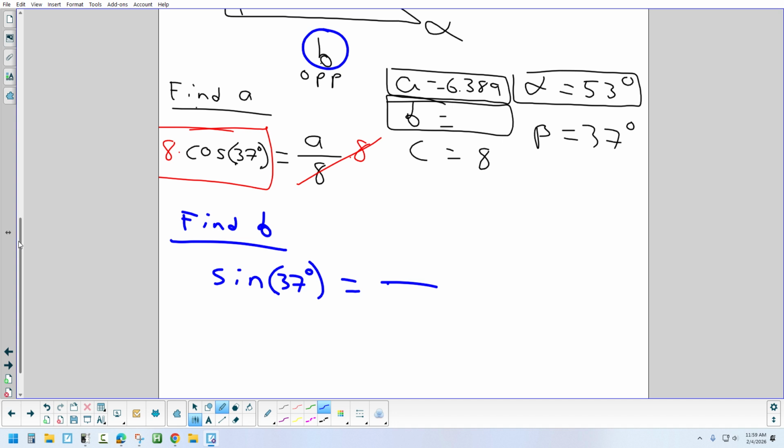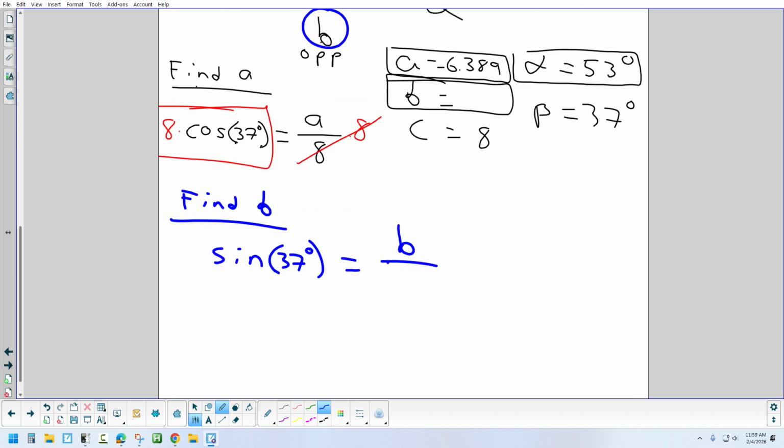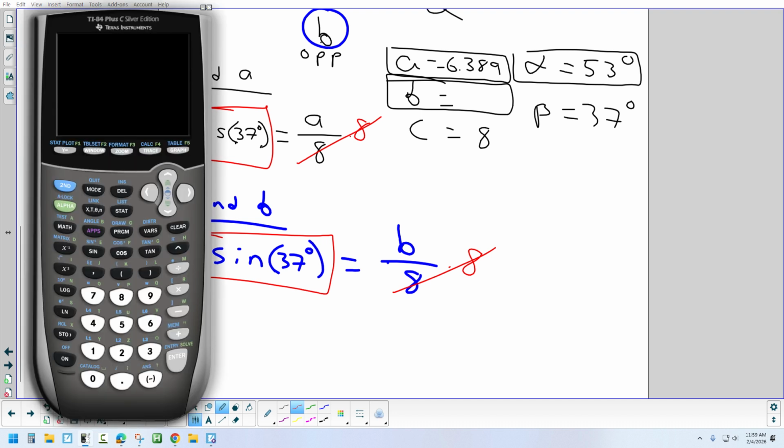B. And what side is the hypotenuse? C. And same way, we got A by itself up above. Times C. Okay, type that in, and that'll tell you what B is.